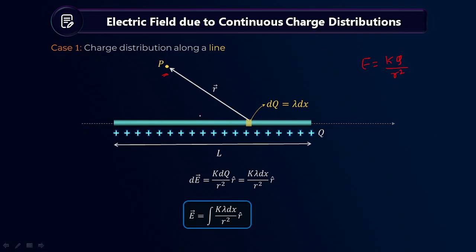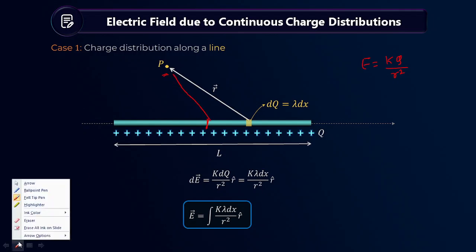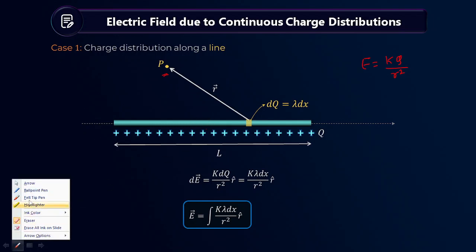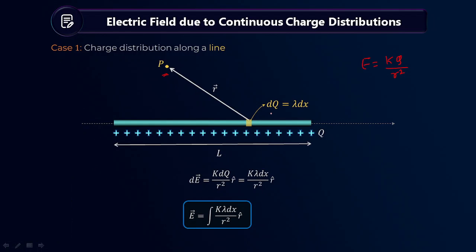But here if you consider this element, the distance is changing as well as the direction is also changing. So for all the points, distance as well as direction both are changing, right? So we cannot say that this is the point from where we have to find the total charge, we can assume. So in this case what we have to do is we can take a small element.